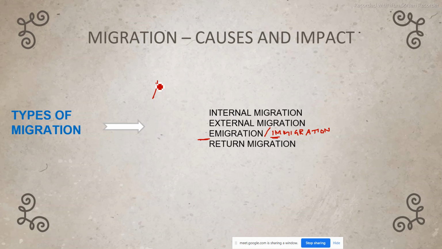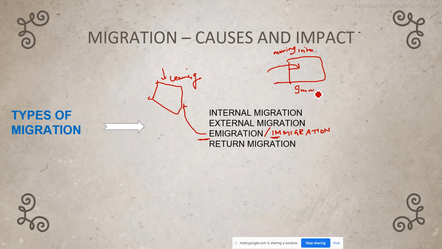For example, this is your country. When you leave this country, that is called emigration, meaning leaving a country is called emigration. Now, this is another country where you are going to. You are moving into this country, so this is called immigration.